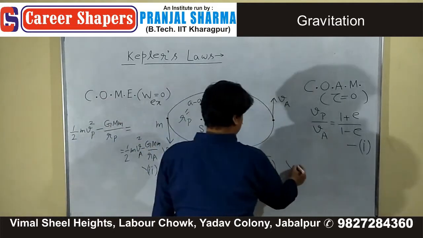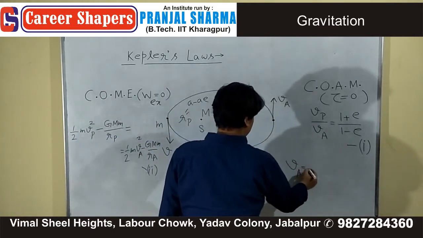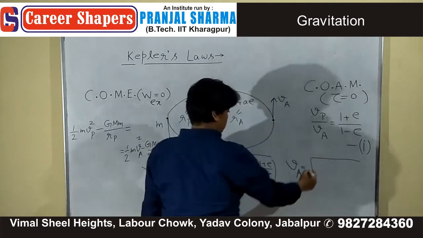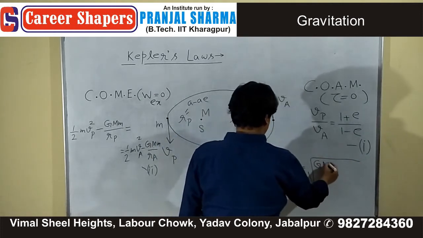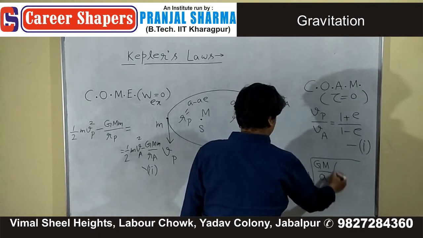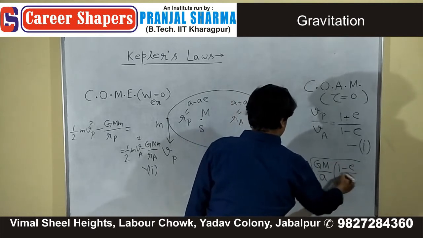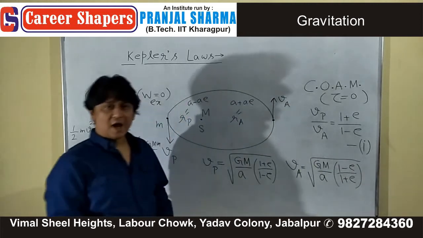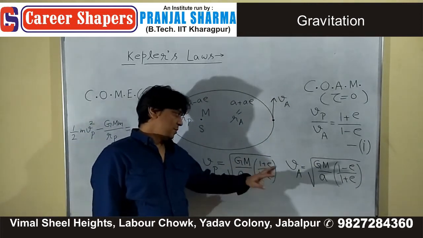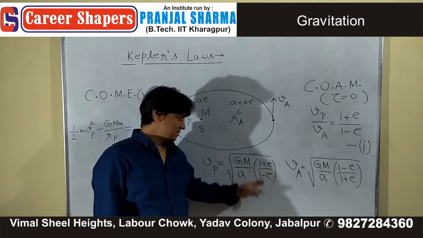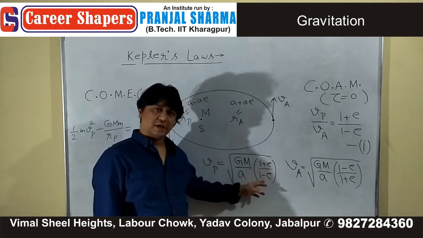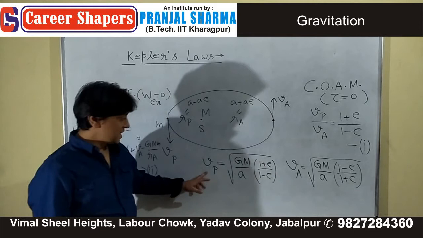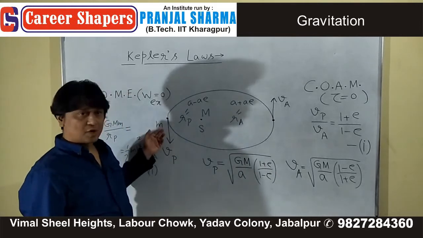What is velocity at apogee? Root over GM by A, 1 minus E upon 1 plus E. At times, people commit silly mistakes like these: 1 minus E and 1 plus E. So remember, when you are at perigee, your velocity is maximum.